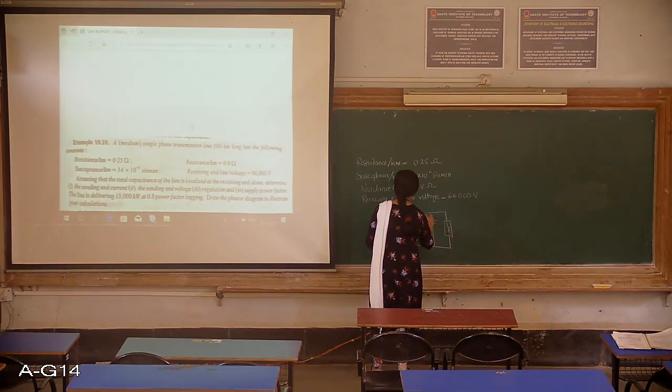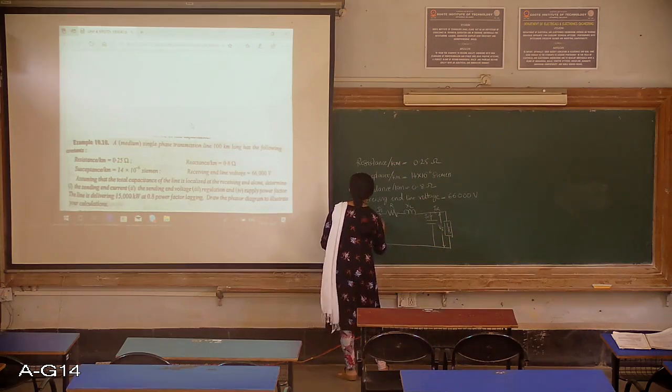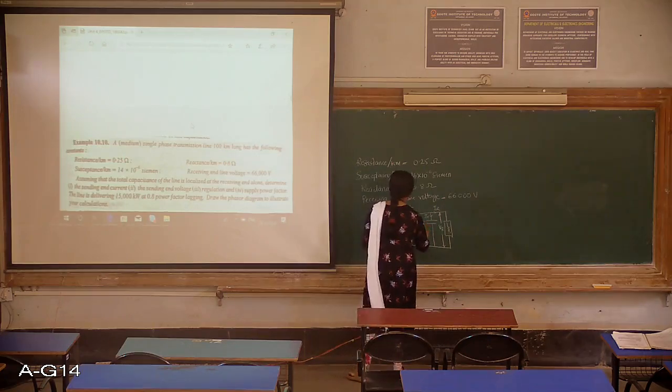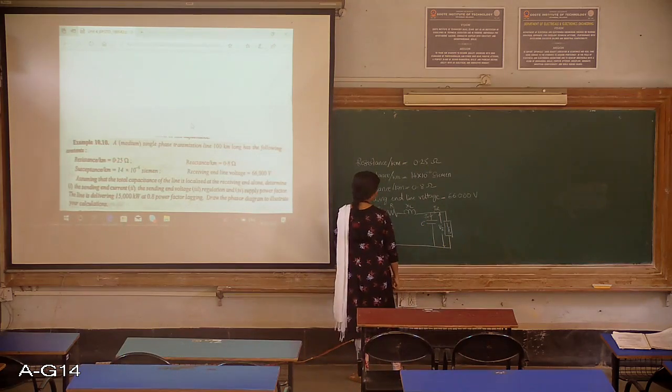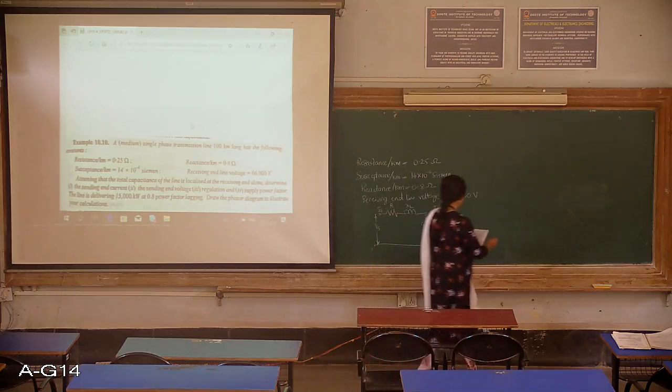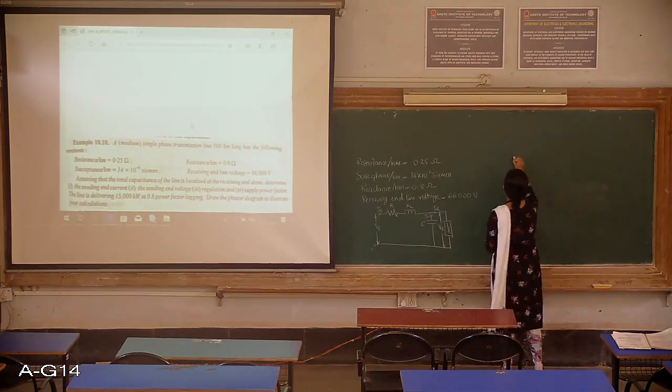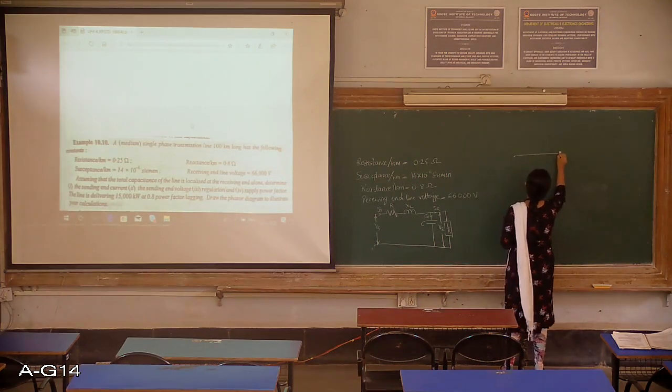The current through it is IC, the receiving end current IR, receiving end voltage VR, sending end voltage Vs, and the capacitance value C.